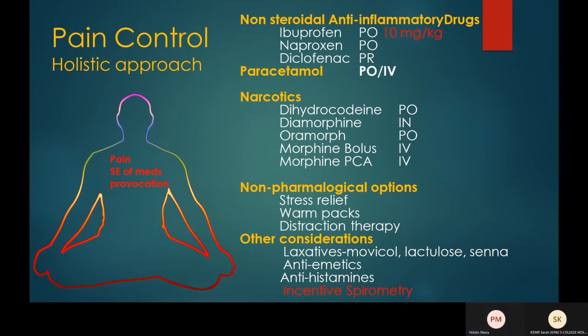When patients are in a lot of pain and receiving large amounts of narcotics, they tend to be quite sleepy and take very shallow breaths and may end up with atelectasis. So once they are on narcotics or have any chest pain, we usually ask them to do some incentive spirometry to prevent atelectasis.